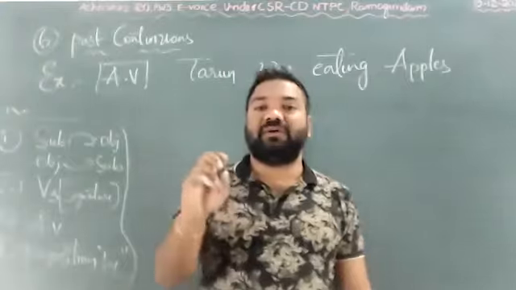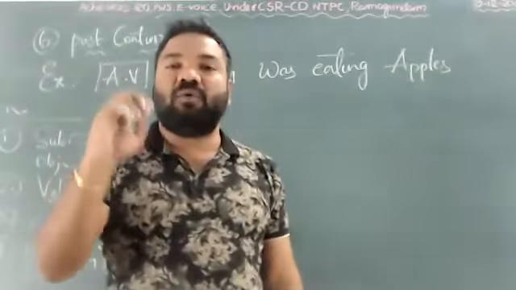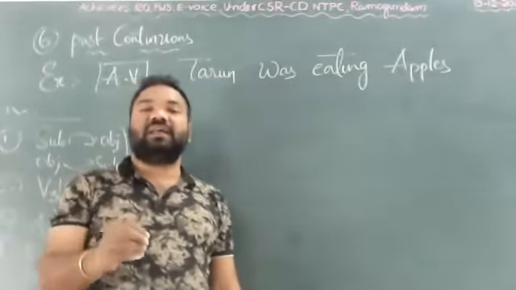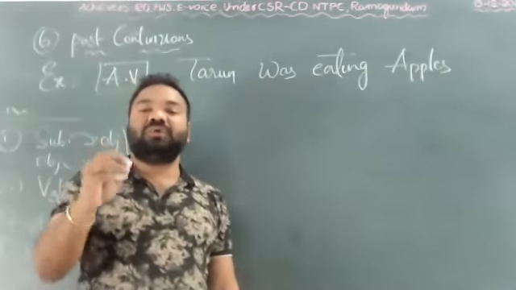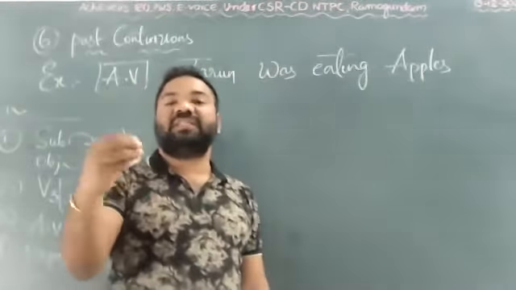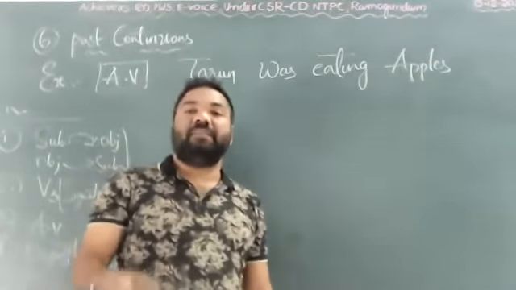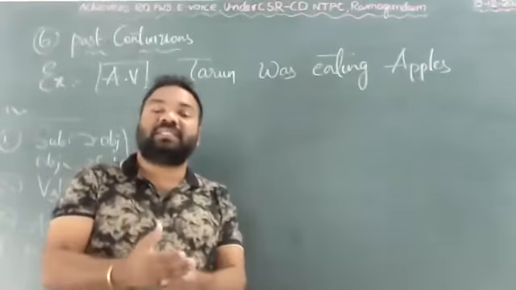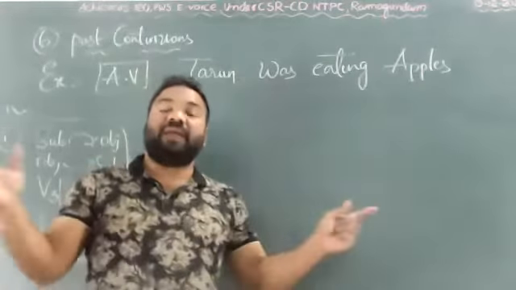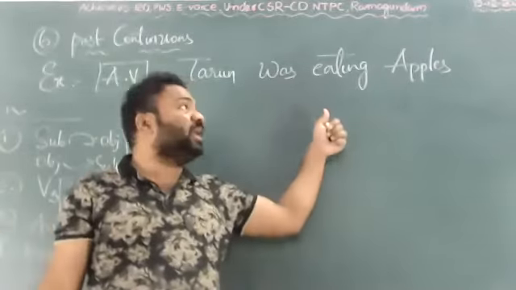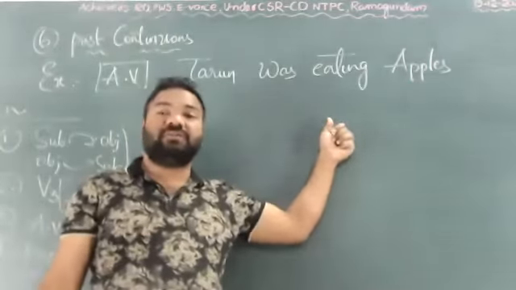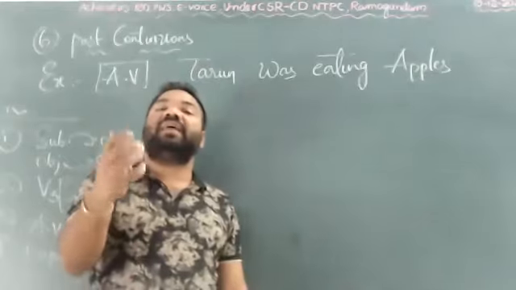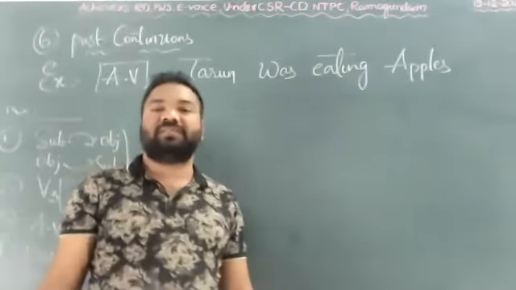Because past continuous is the only tense which is used with the help of simple past. Because when two actions occur at the same time in the past, the time taking action will be past continuous, and the other action which takes less time is simple past.